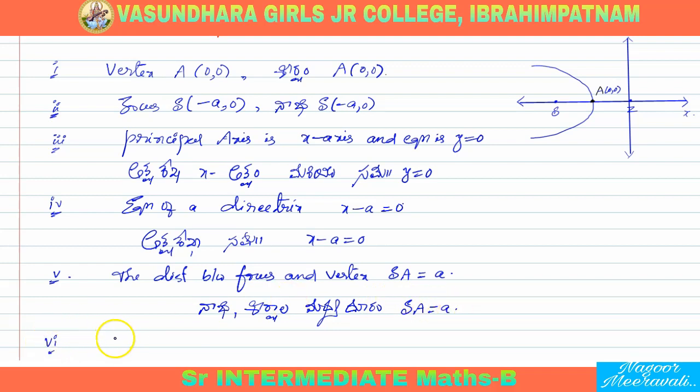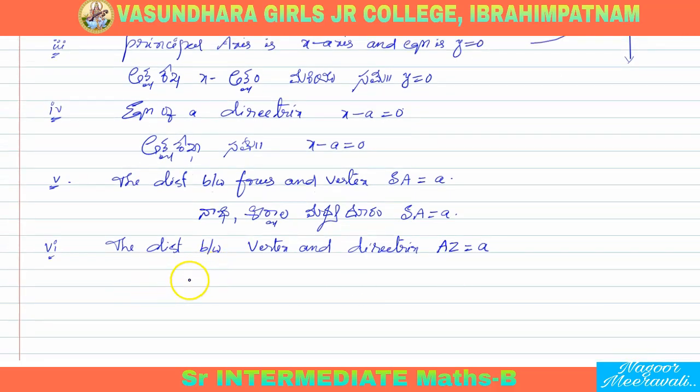Next one, the distance between vertex and directrix, that is AZ is equal to a units. AZ is equal to a.